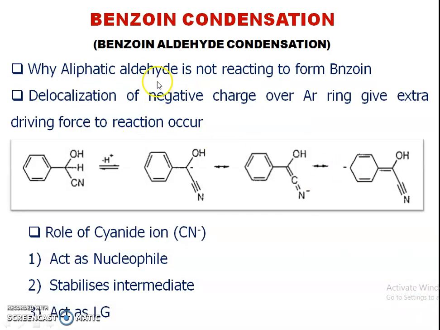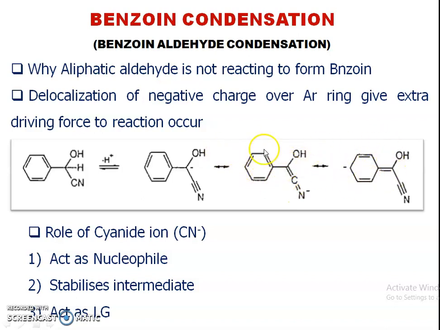So why does an aliphatic aldehyde not react like this to form benzoin? This is due to the extra stability of this carbanion. The carbanion can undergo delocalization with the cyano group and also with the aromatic ring, that is the benzene ring.